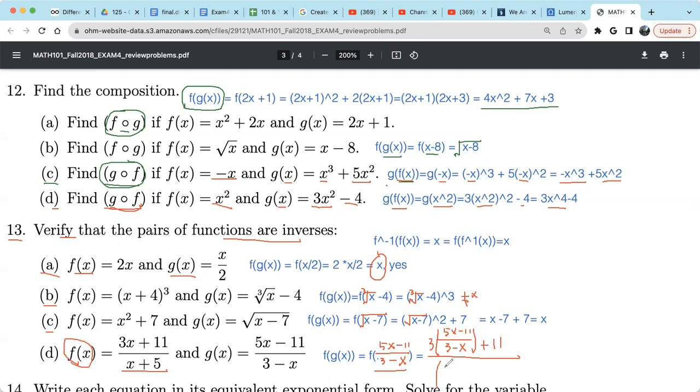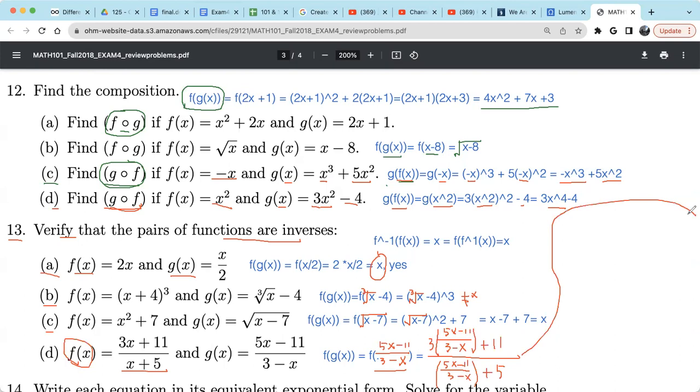So the input is (5x minus 11) divided by (3 minus x), right? That's my input. Then plus 5. Okay, so I need to do a lot of calculation. I'm going to take the space from here.